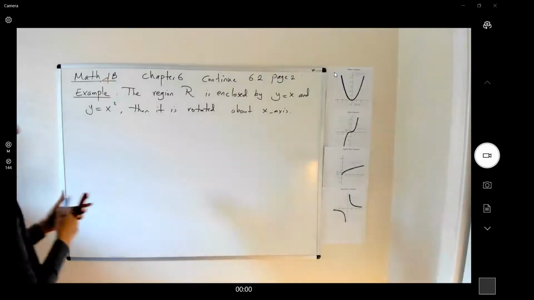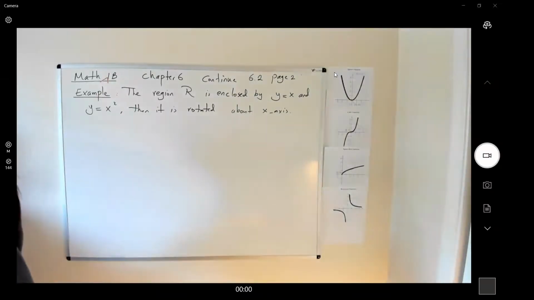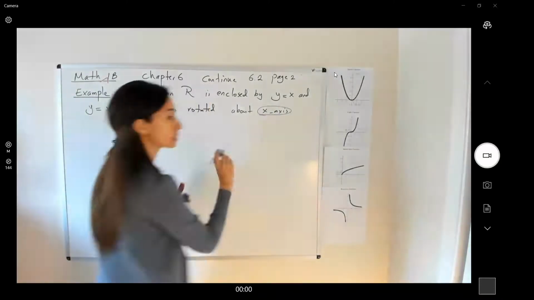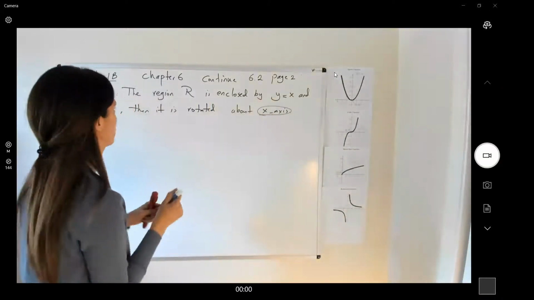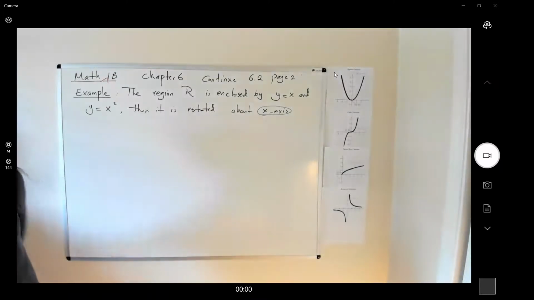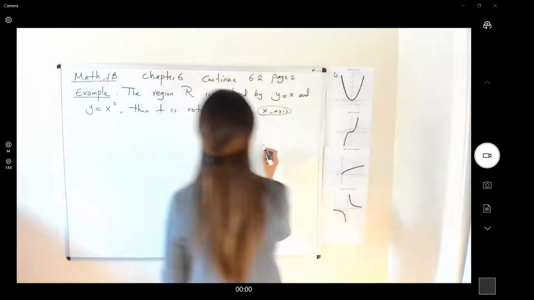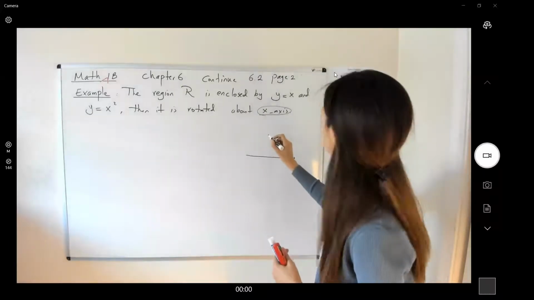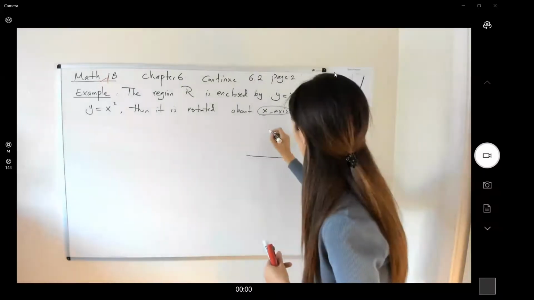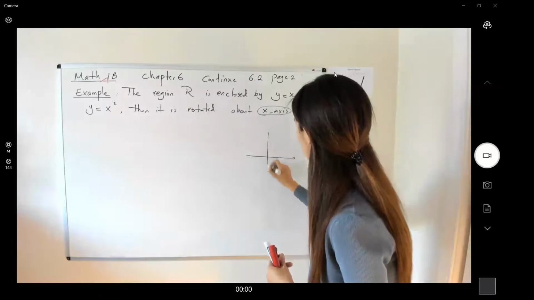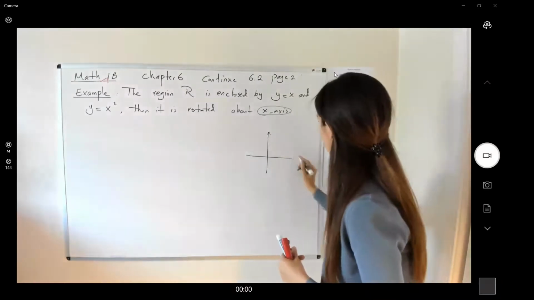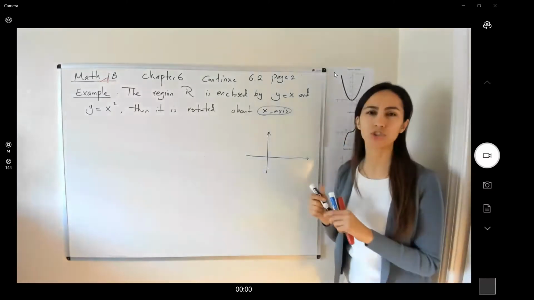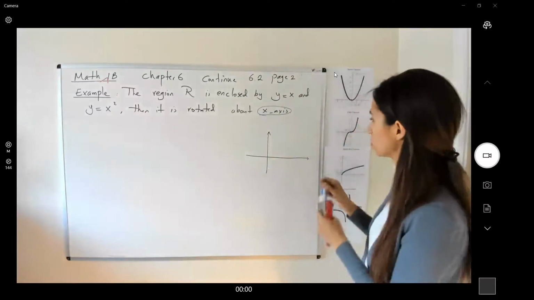Let's quickly graph this and see what's going on. This is another interesting case. So y equals to x is just a line.